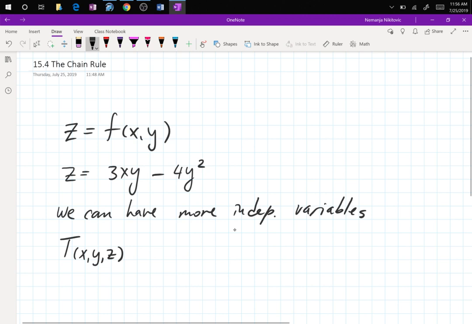So you should have a different temperature for the x, y, z location around the vent and a different temperature around x, y, z which is around a window location anywhere in there. So we can say that the temperature is some kind of function of x, y, z, and x, y, z would be a location in 3D. So now you have three input variables controlling capital T, which is another one.